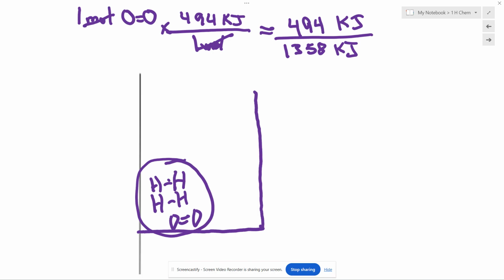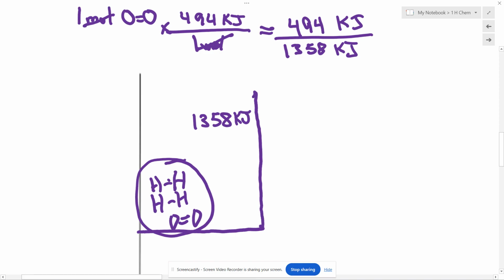And we have to put in energy to break those bonds apart. Now, the amount of energy we put in is 1,358 kilojoules for this reaction the way it is written. That's how much energy has to go in.